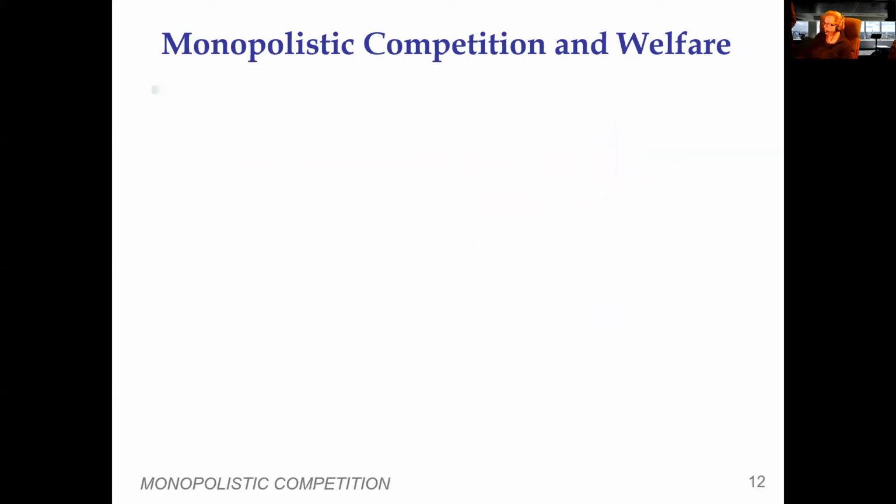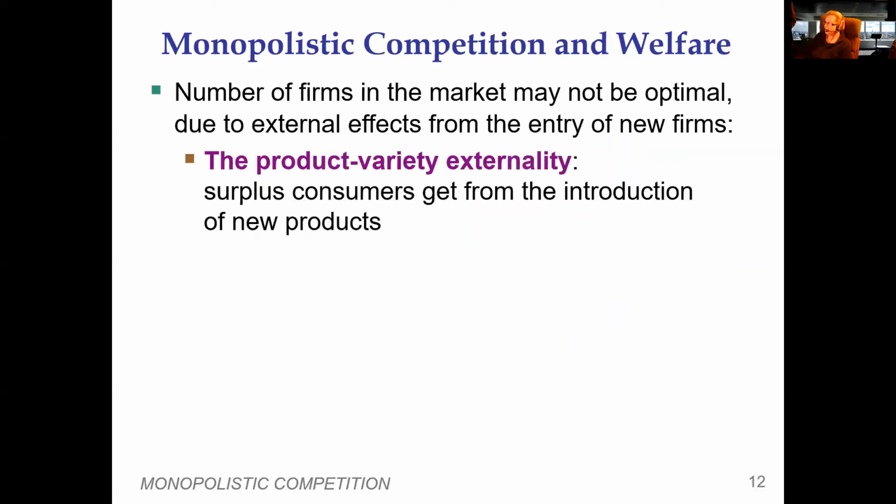Okay, there are two other things that happen when new firms come in to a monopolistic competitive market. There is a product variety externality, okay?